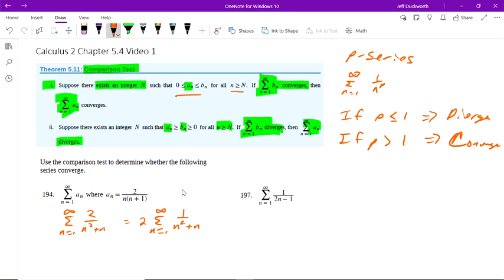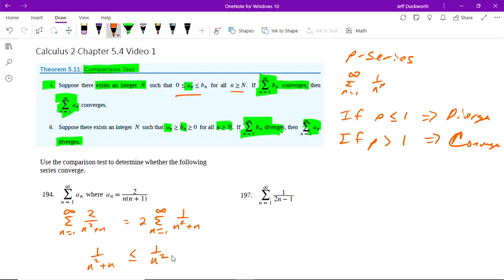So we're just going to compare 1 over n squared plus n to a similar p-series. Well, how does that relate to 1 over n squared? This is a number that's going to be less than or equal to 1 over n squared, right?